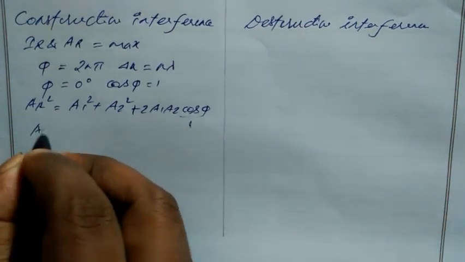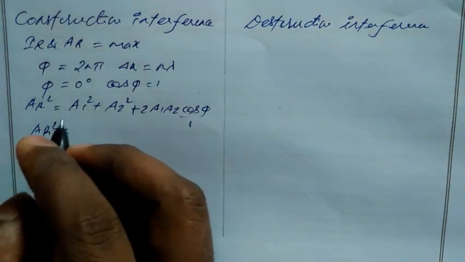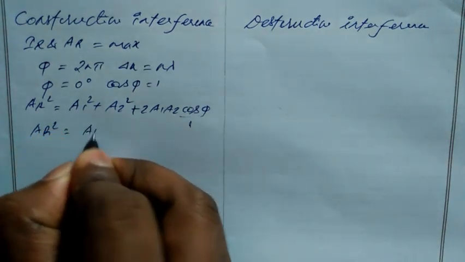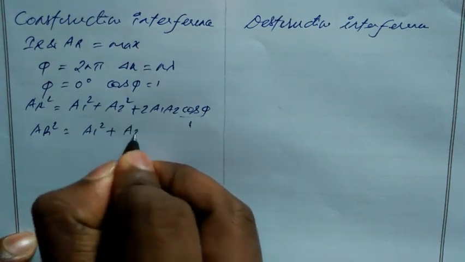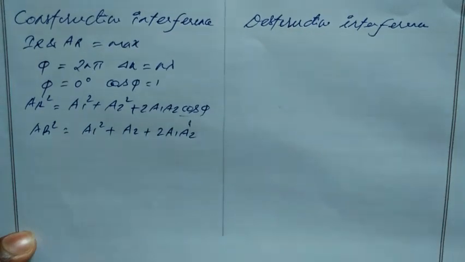Then we have Ar square equal to a1 square plus a2 square plus 2a1 a2. If the light is coming from a coherent source, then the value of a1 is equal to the value of a2, which is equal to a.